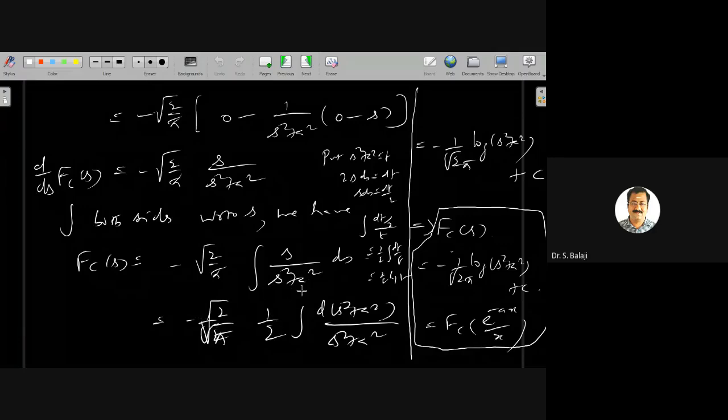This is because the differentiation of the denominator equals the numerator with one more 2 as a multiplication, therefore remove the 2 by 1 by 2. Integral of differentiation of s square plus a square by s square plus a square. Your result will be 1 by root of 2 pi with minus sign, logarithm of s square plus a square, plus, because it is indefinite integration here, an additional constant c.